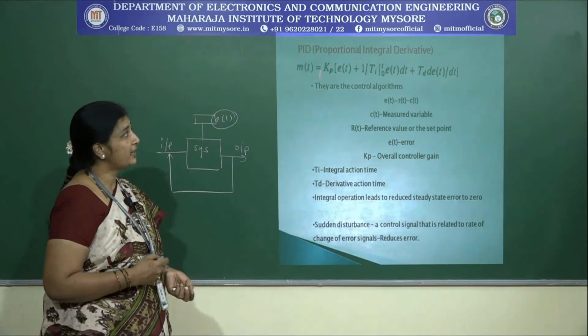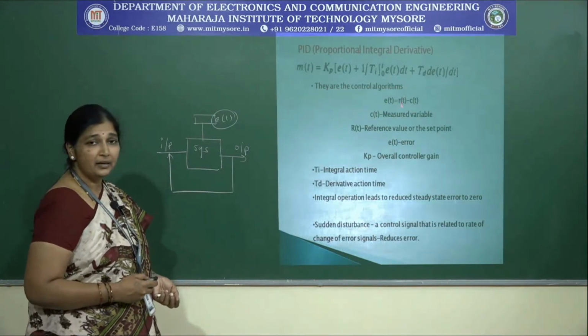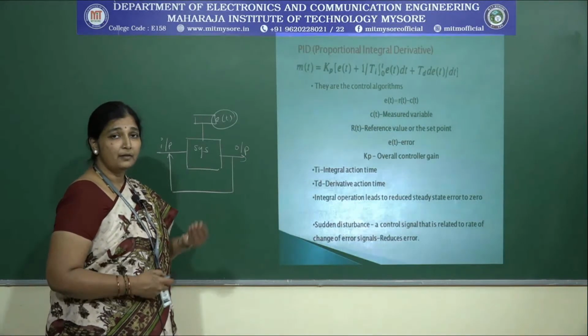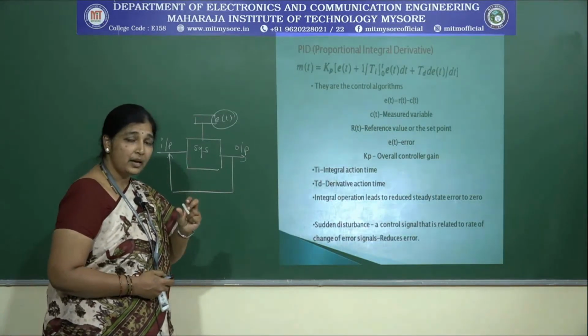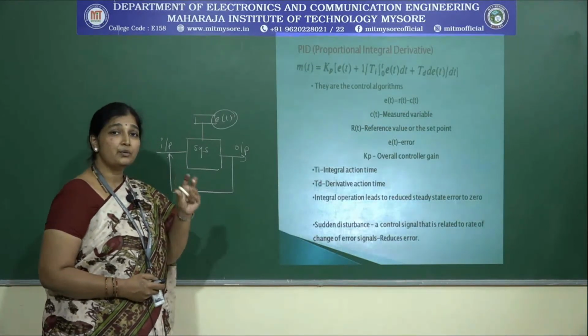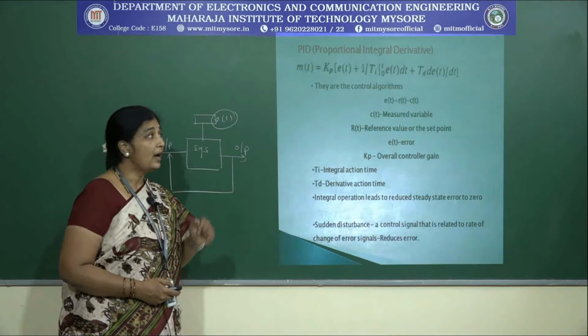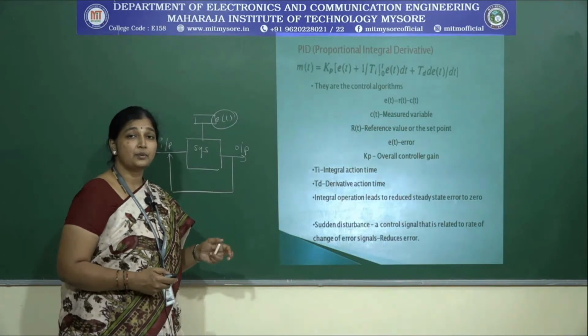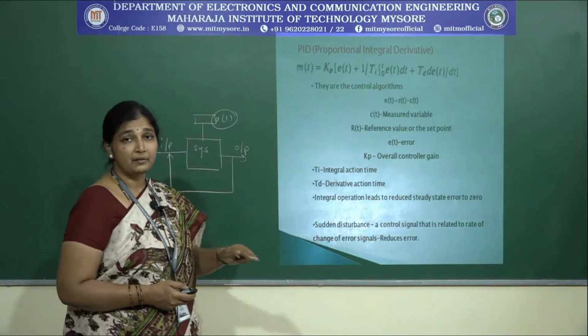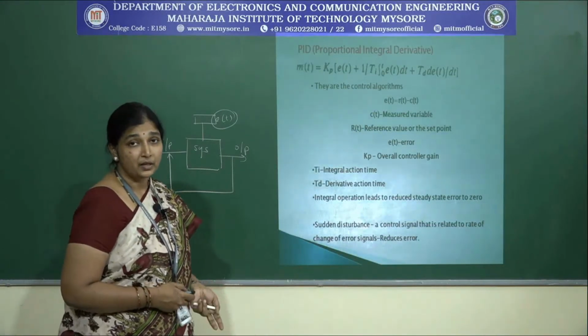How do you do that? By integrating that error with respect to time and reducing it to 0. So integration will always help in reducing the value to 0, and differentiation will always help to set the level of performance of the controller.